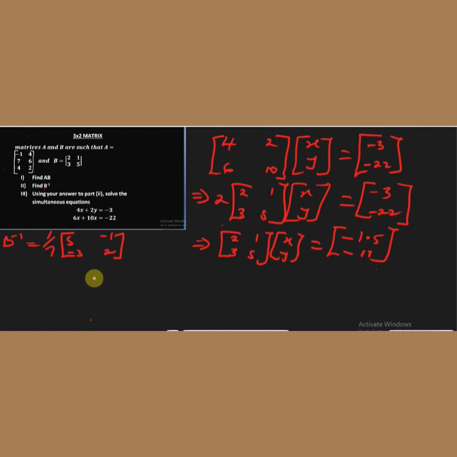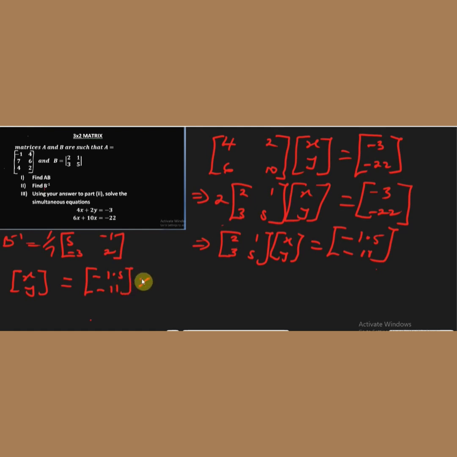So I'll write y here. So is equal to, I'm dividing across with this. So I'll have minus 1.5 and minus 11, because I have 22 here, which is divided by 2, minus 11.